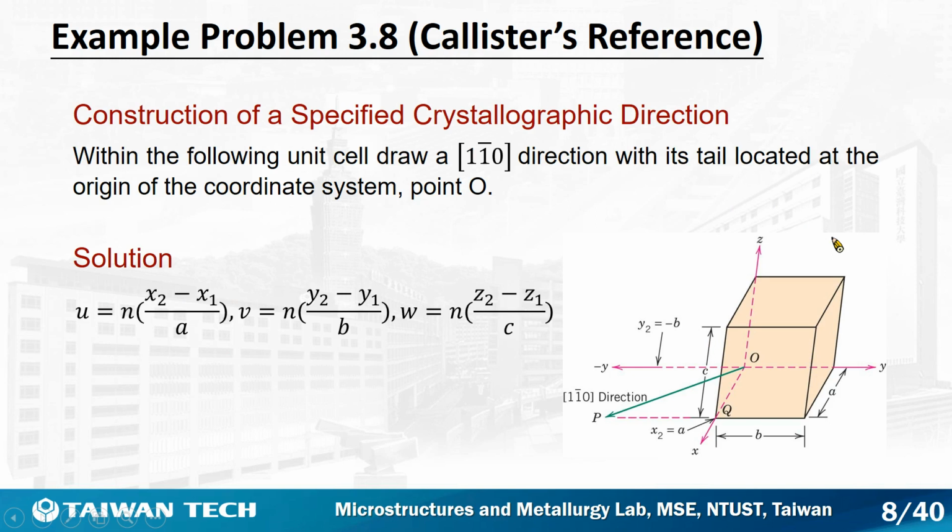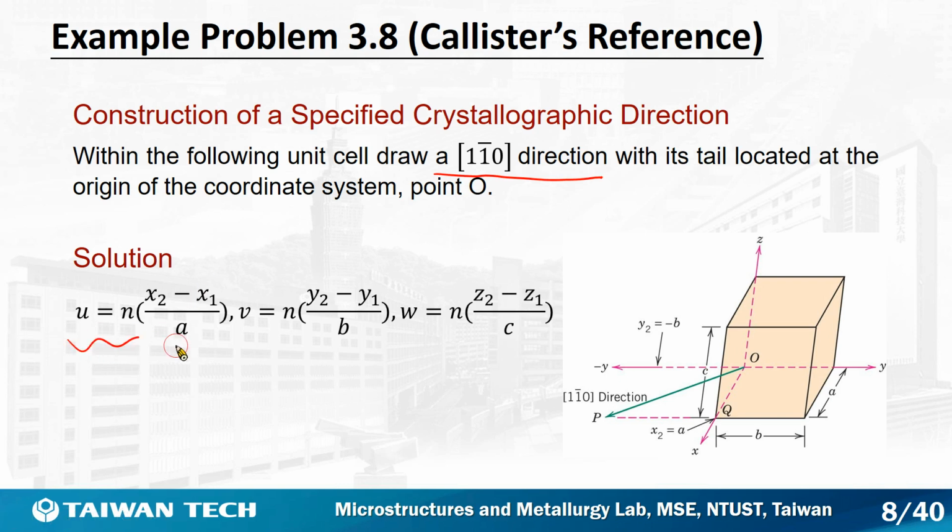Okay, so again, the type of questions could be we give you a drawing, you tell me the directional index, or we give you a directional index, then you draw it for us. But it's the same.